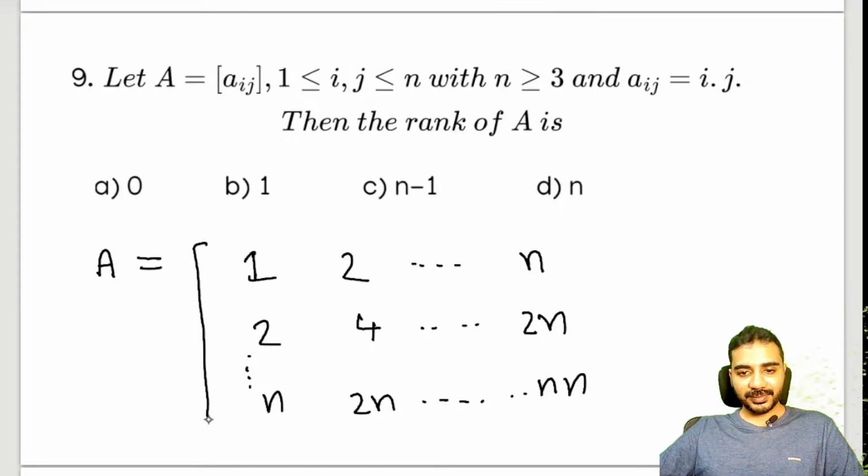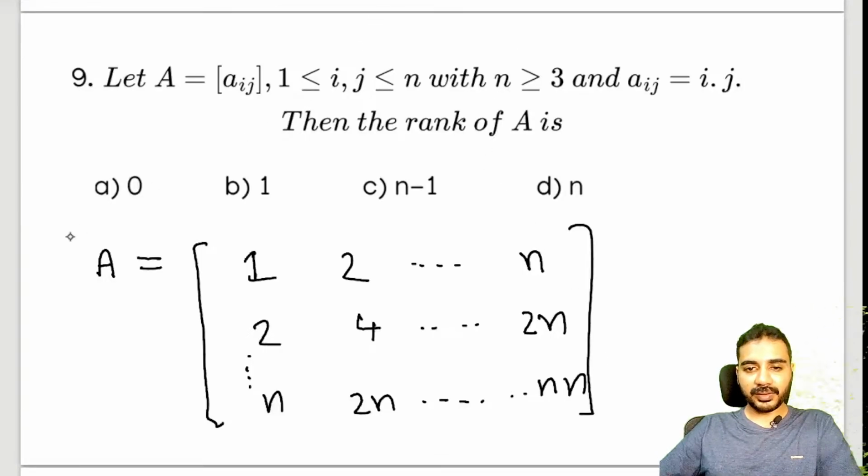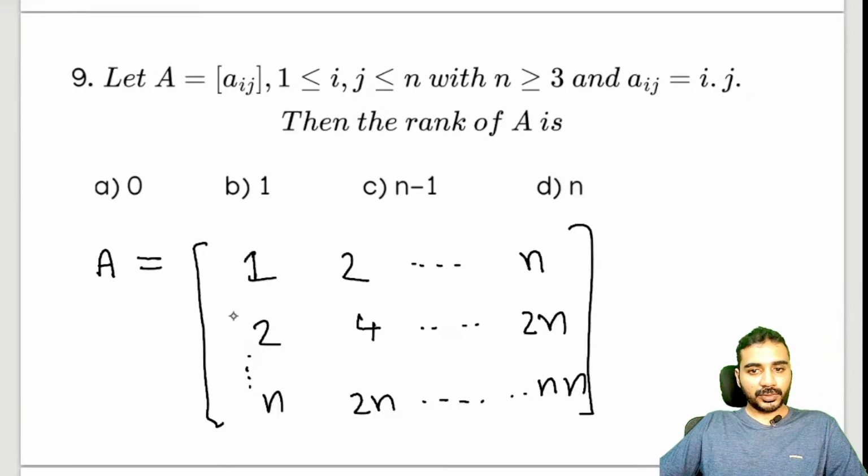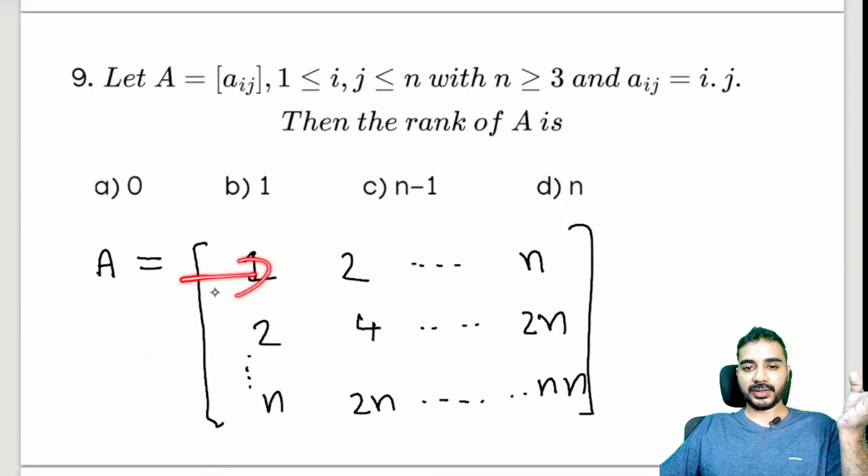Now consider this whole matrix and let's understand each row here. This is the second row. This is the nth row. So what can we do here? We can do some elementary operations. This R2 is nothing but 2 times this R1.